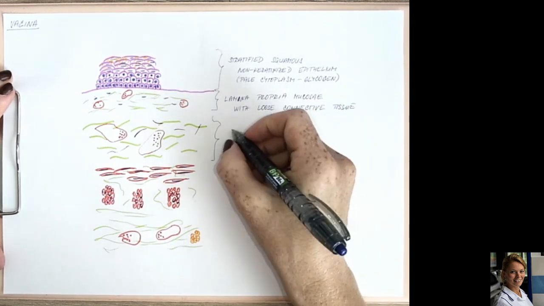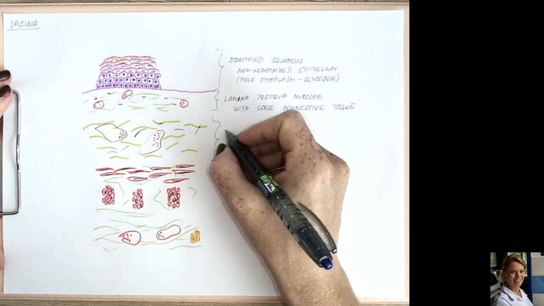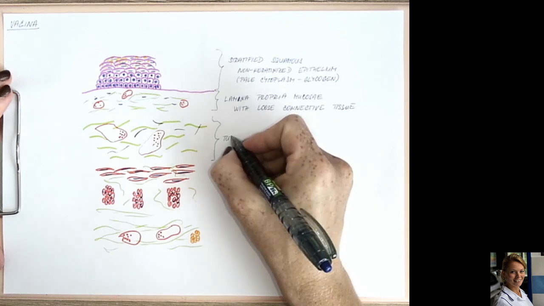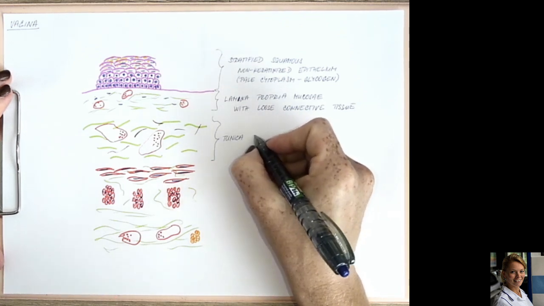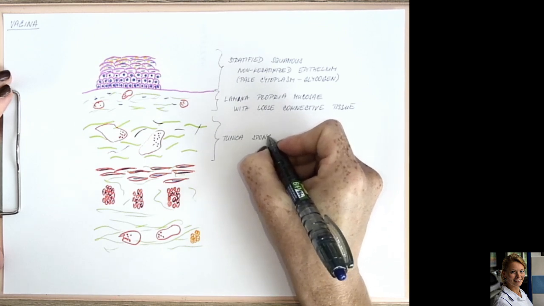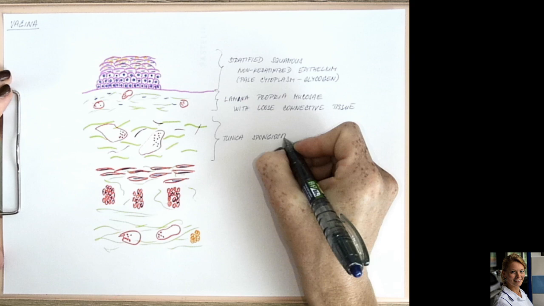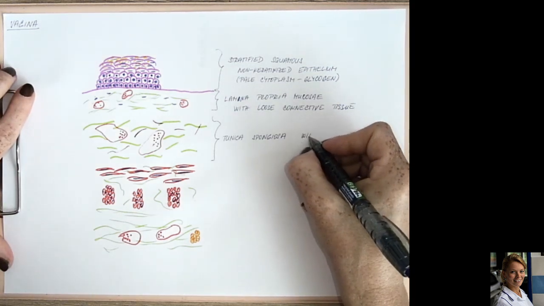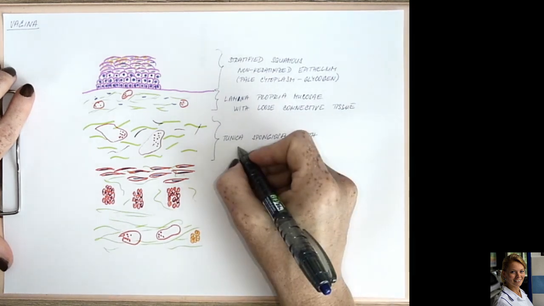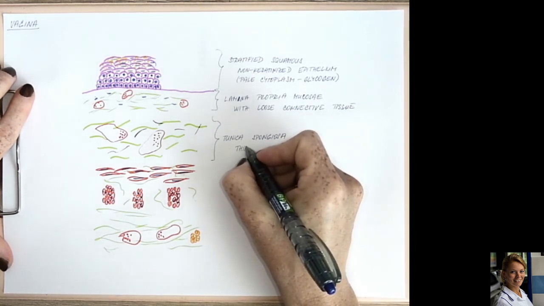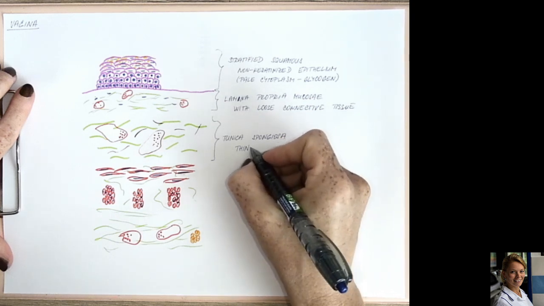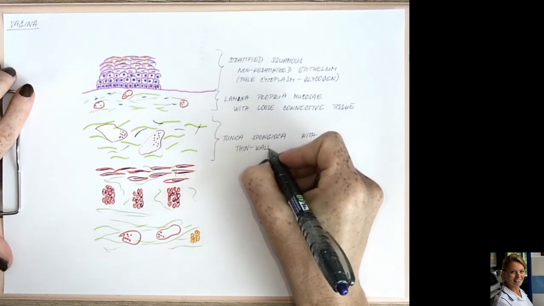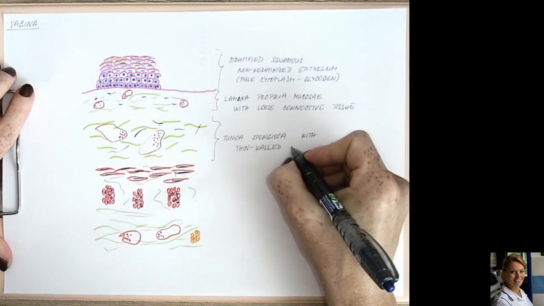Submucosal layer, also called tunica spongiosa, with thin-walled veins.